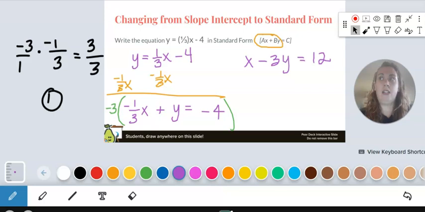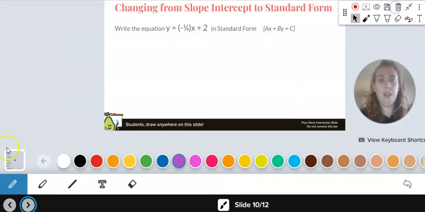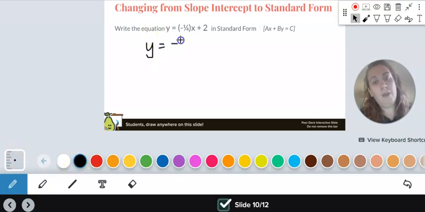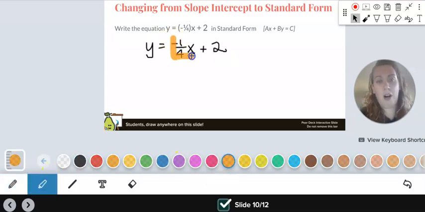Alrighty, let's look at slide 10. So again, we have slope-intercept form of y equals -1/4 x plus 2. If we want to put this into standard form, we want to get this x term on the other side of the equation.